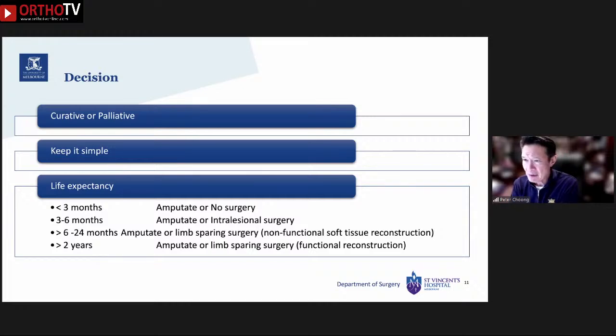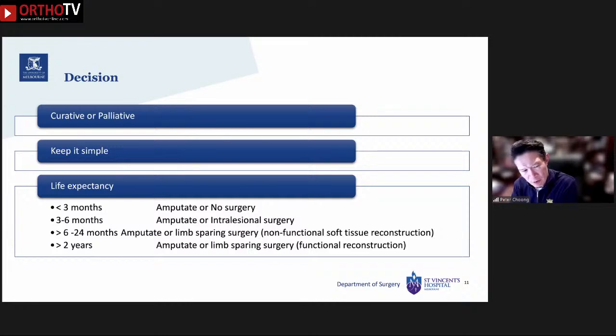And I rely very heavily on the life expectancy. A good medical oncologist with experience will tell you honestly what they feel the life expectancy is. A slightly inexperienced medical oncologist who would like to appear very experienced will go on forever but not be able to tell you how long the patient has. And you can see there that amputation is on the cards for whether it's less than 3 months, 3 to 6, 6 to 24, greater than 2.